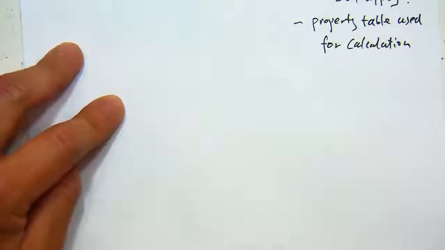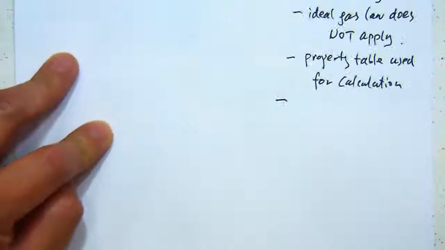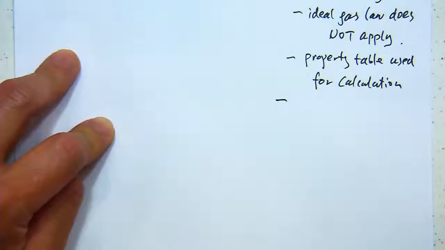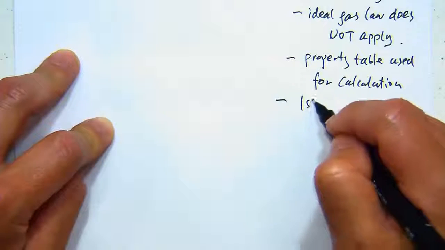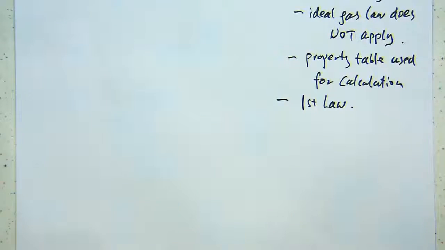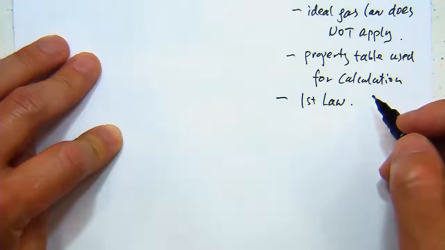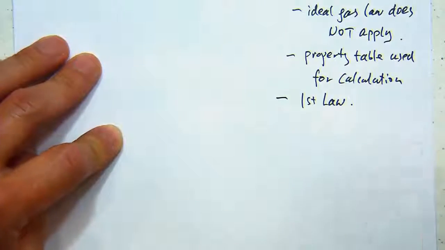And certainly, during the calculation, similar to the gas cycles, we still base it on the first law. The first law is always valid regardless of the working fluid, and we are also using the same principle as in the gas cycle.